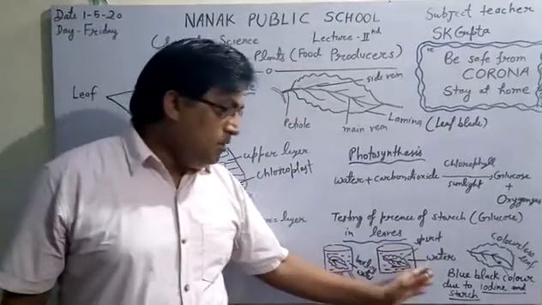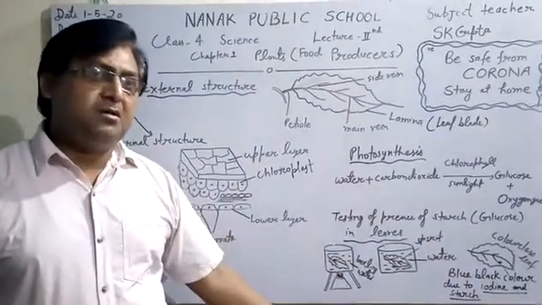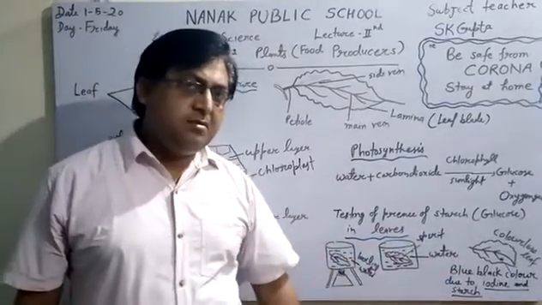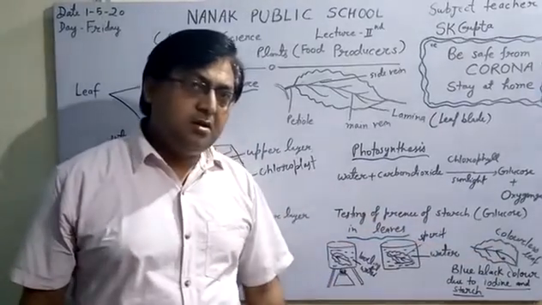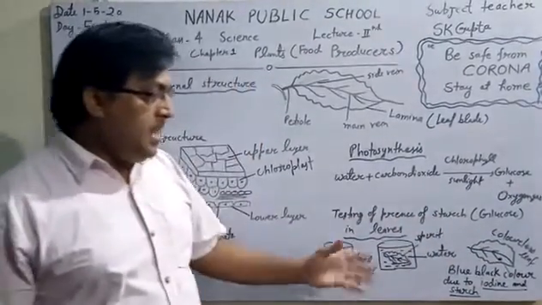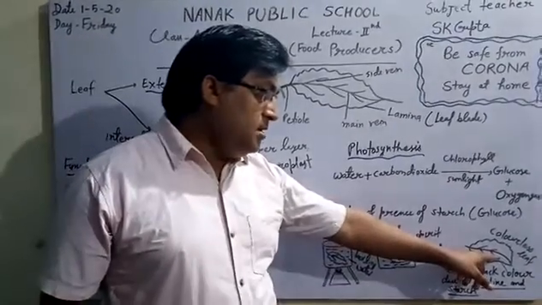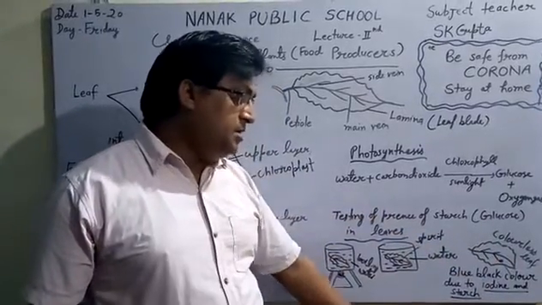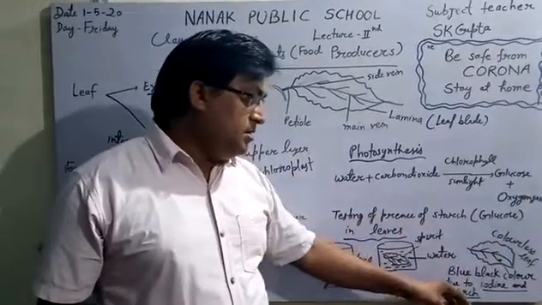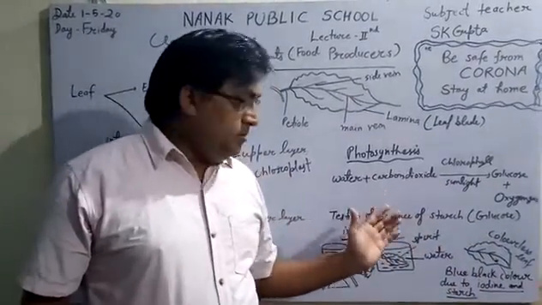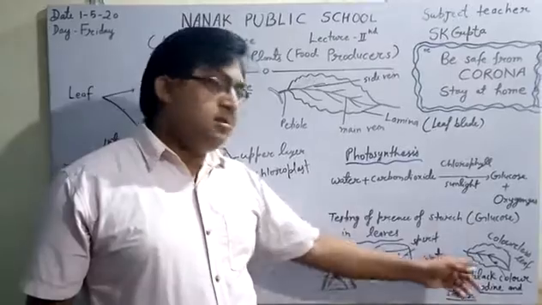Then we see the green pigment, that is chlorophyll, has disappeared. So this leaf becomes colorless. After this step, we have to use iodine solution on the colorless leaf, due to which the color on the applied area becomes blue black. That indicates the presence of starch in the leaves.